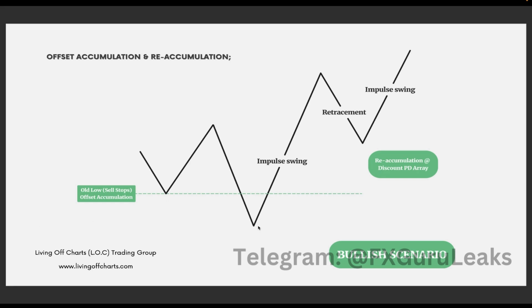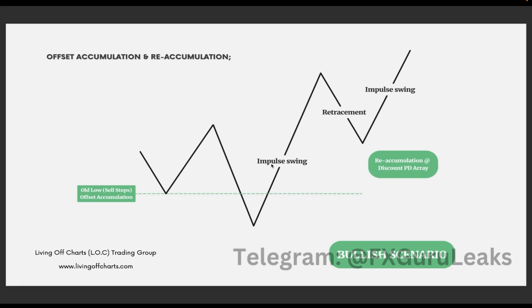However, we run the low, accumulating all these sell stops. That is offset accumulation. Impulse price swing occurs after the offset accumulation. This is key. This is institutional sponsorship coming into the market, confirming this as offset accumulation.